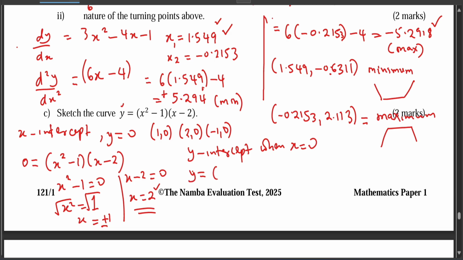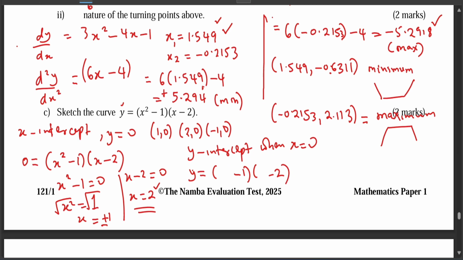So y is equal to x squared minus 1 times x minus 2. Where there's x, you replace it with 0. So 0 squared is 0, and again 0 minus 2. So minus 1 times minus 2. Your y-intercept is positive 2.